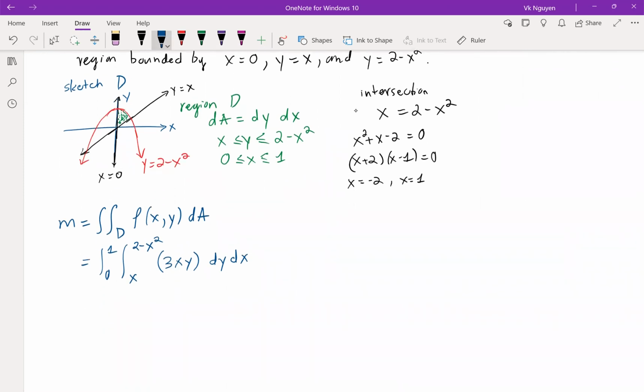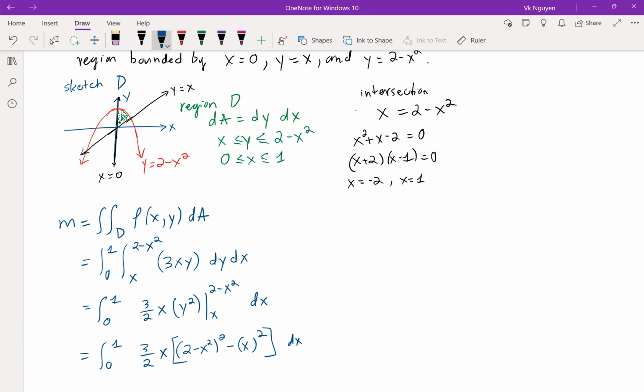Let's work it out real quick. It shouldn't take you that long to do it on the exam though. 0 to 1, and 3 over 2 x y squared from x to 2 minus x squared dx. 3 over 2 x, and then this we have 2 minus x squared squared minus x squared dx.